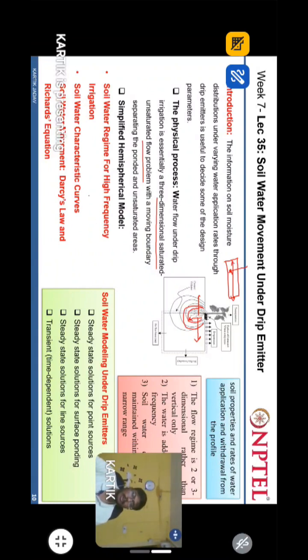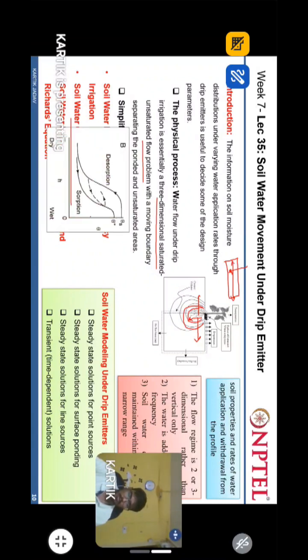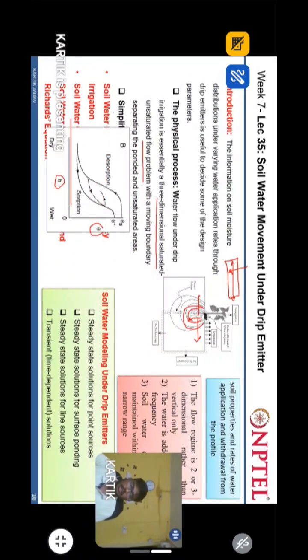Then the fundamental requirement to understand the soil water movement in any kind of irrigation system is that we need to understand the soil water characteristic curve. That curve is between volumetric water content and soil matric potential. So this relationship we have also seen, and the hysteresis effect we have understood.